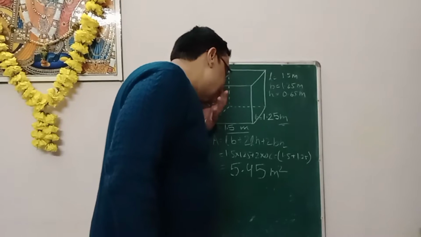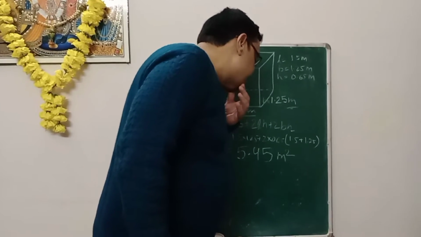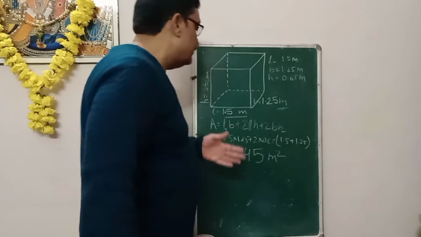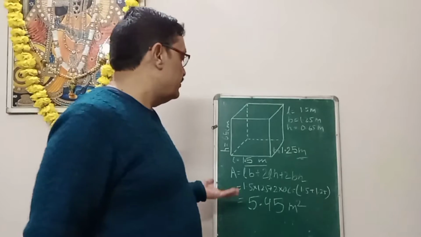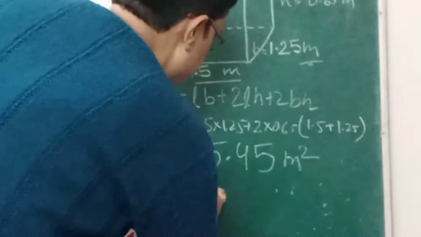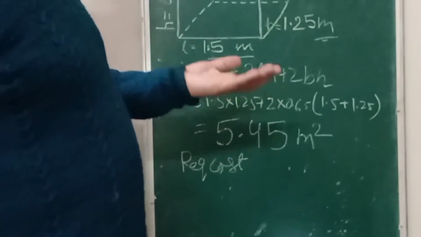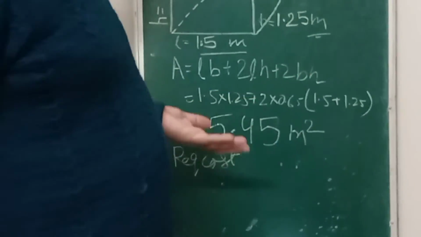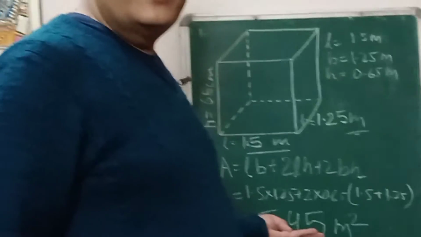Now the second part is the cost of the sheet for it. If a sheet measuring 1 meter square costs rupees 20, then the required cost would be, if we know the cost of 1 meter square, we have 5.45 meter square.